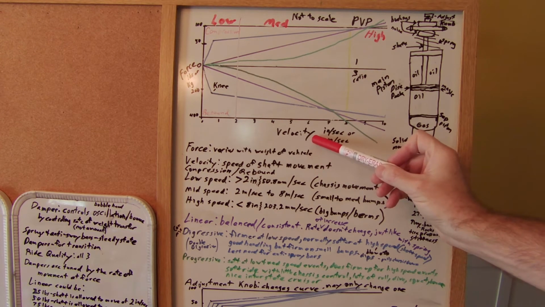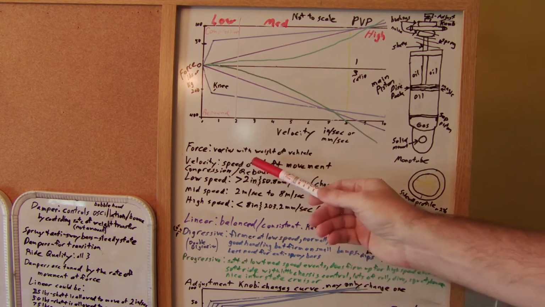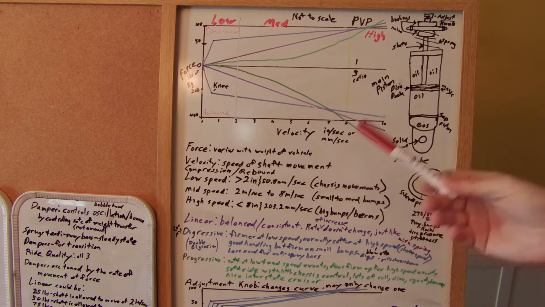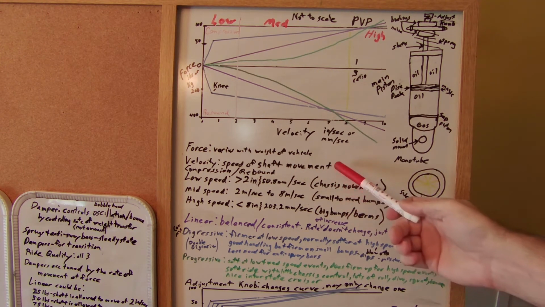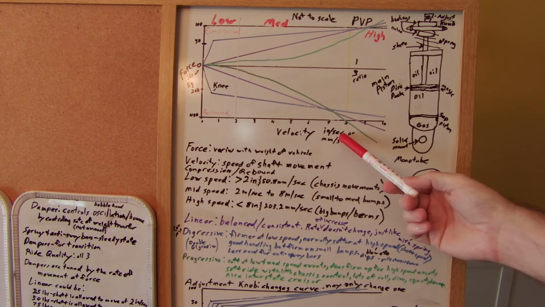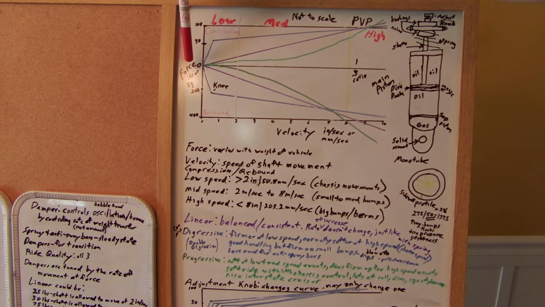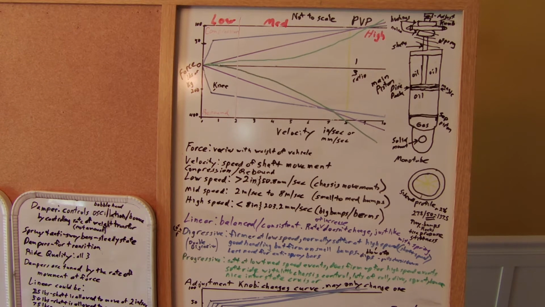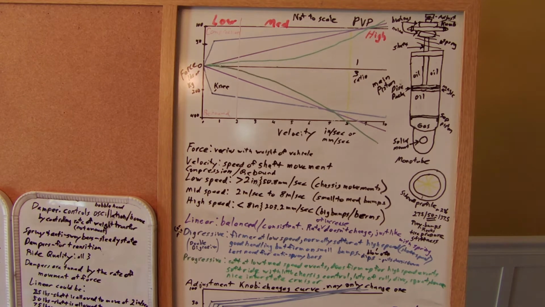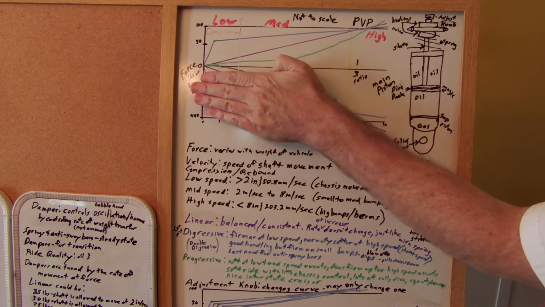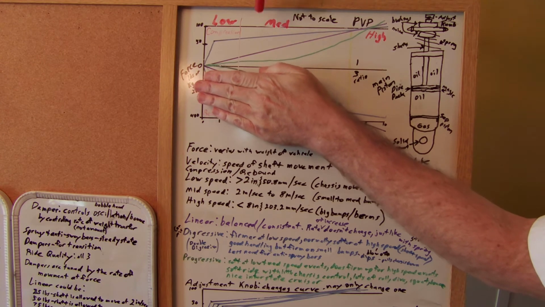The velocity is the speed of the shaft movement, which generally equates to your suspension. That is in inches per second or millimeters per second, and force is pounds or kilograms. Compression. So as we talked about in the previous video, the top part of this graph is the compression.